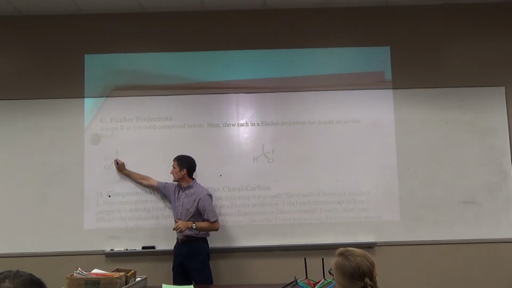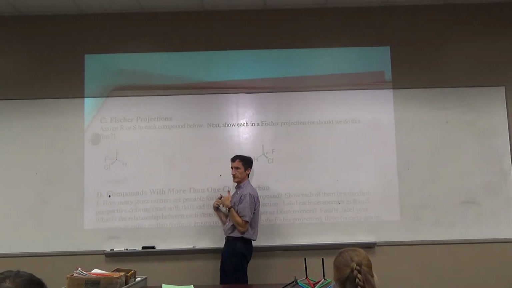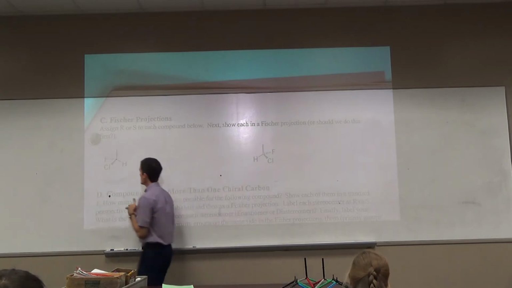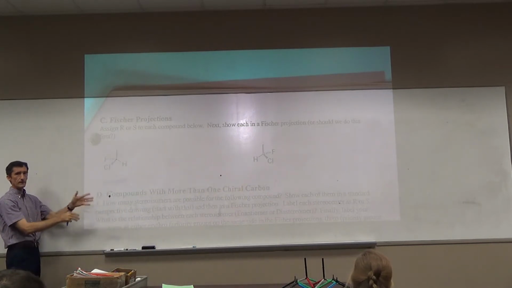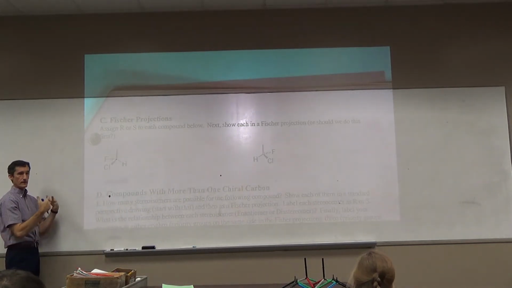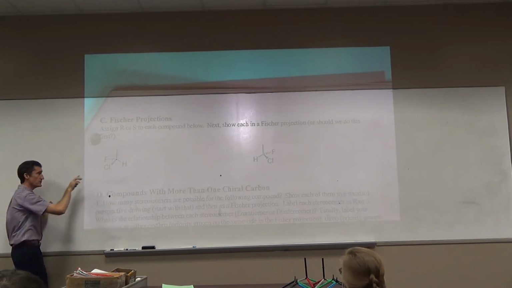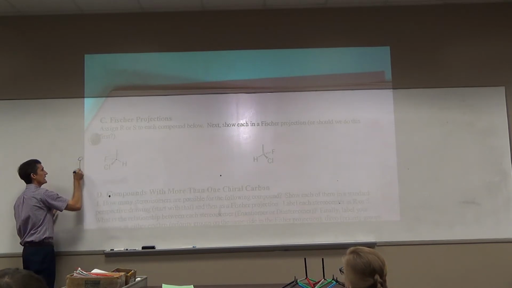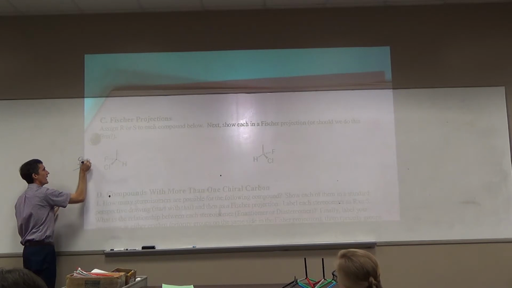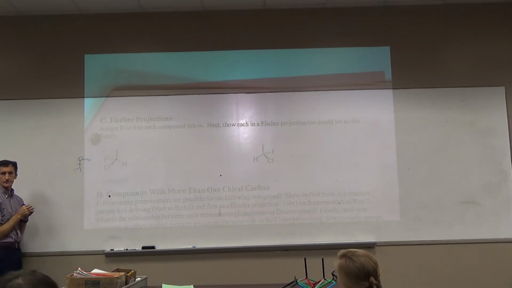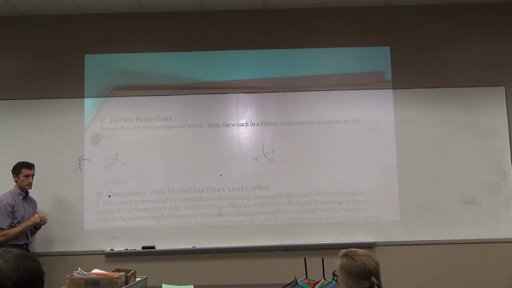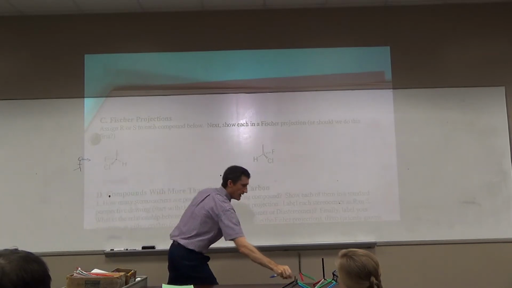There's the chiral carbon. The H is coming towards me from the chiral carbon. If I'm over here, the H is going away from me compared to the chiral carbon. I want to be over here with the H going away. I want to stand over here and look at it. What do I see? We can draw that. All right? Molecule.